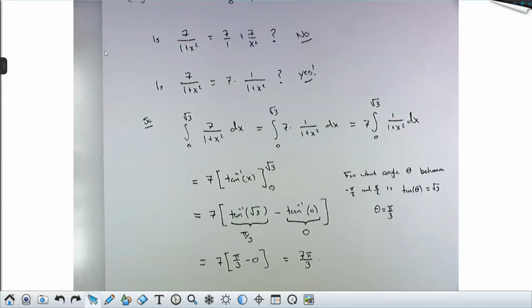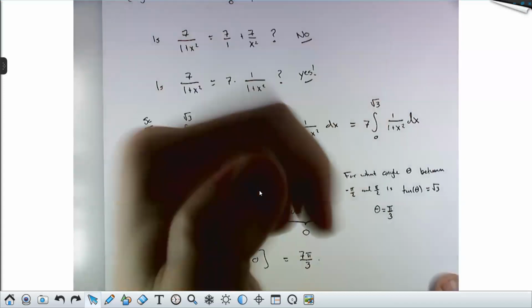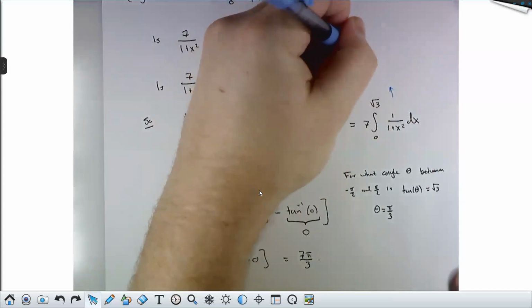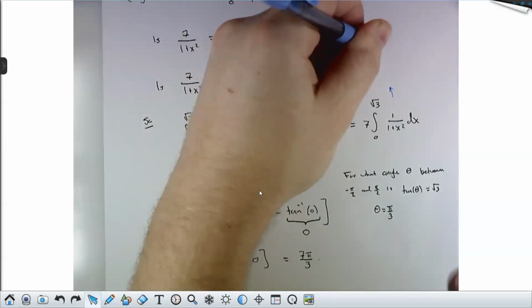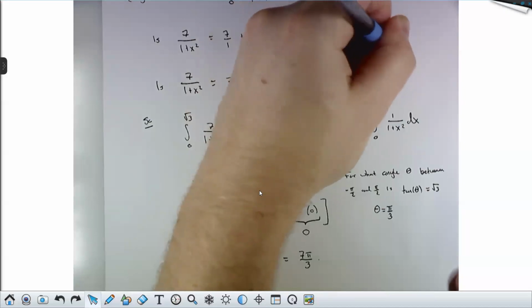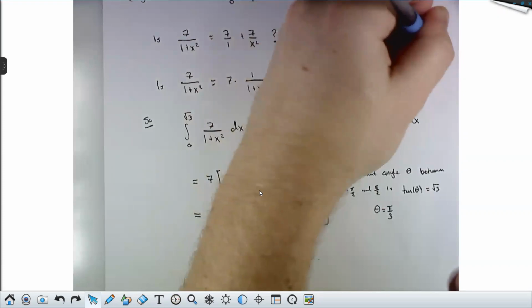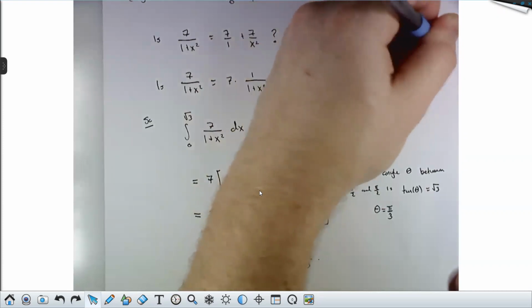We don't have an inverse tangent of 1 anywhere. How do we get to inverse tangent? Oh, antiderivative, right? The antiderivative of 1/(1 plus x squared) is the inverse tangent of x. We know that d/dx of inverse tangent of x is 1 over 1 plus x squared.